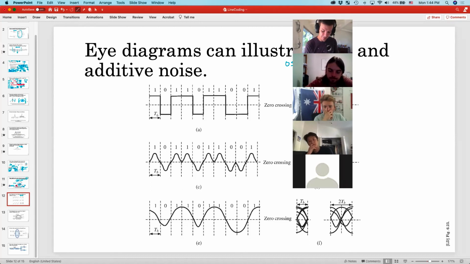Or if not infinite, then long persistence. That is, a signal that shows up on the scope stays on the scope screen for a while.